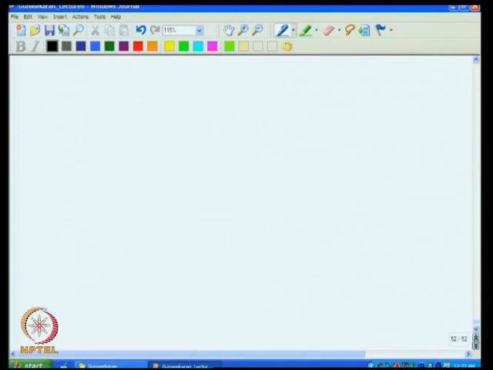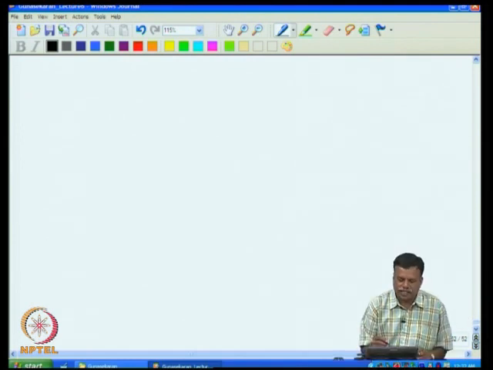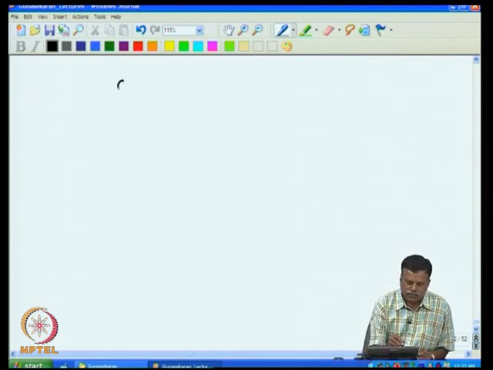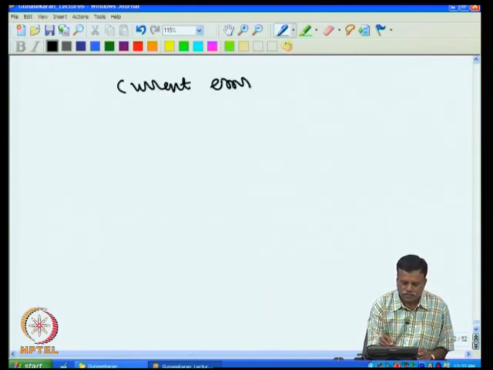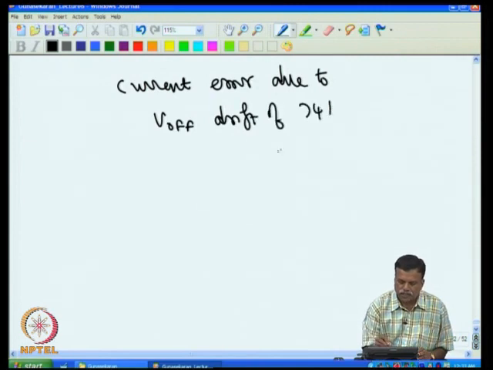Now we have to find out what will be the current error due to the V offset drift of 741.